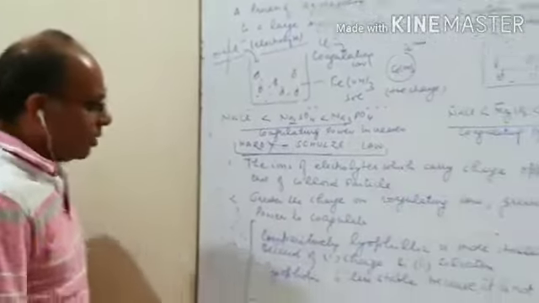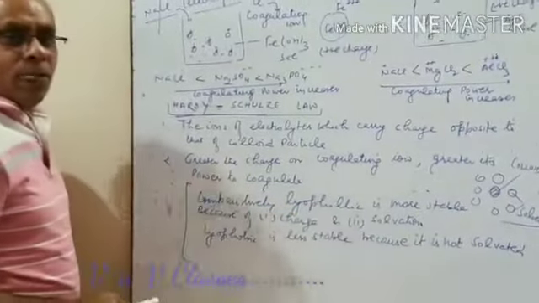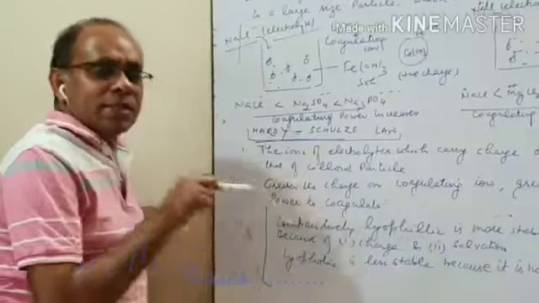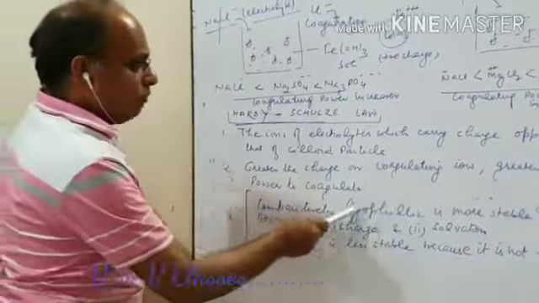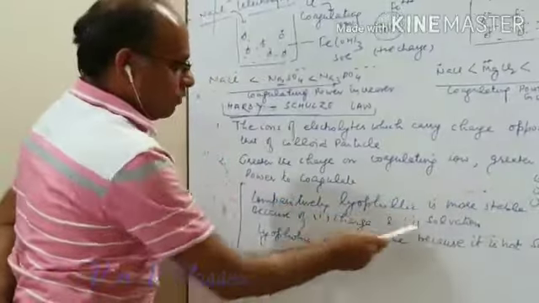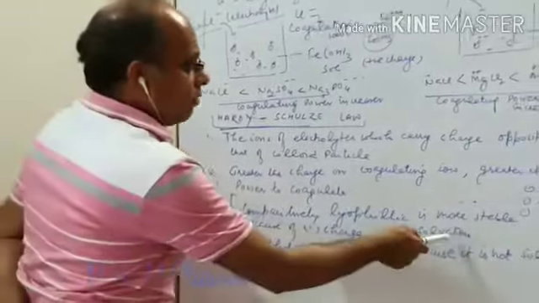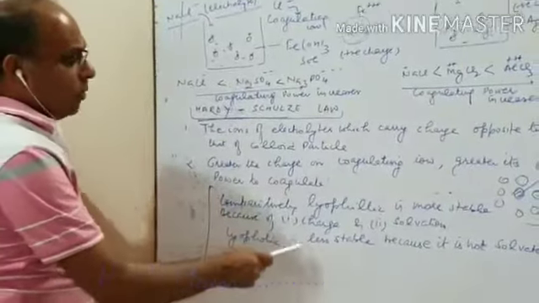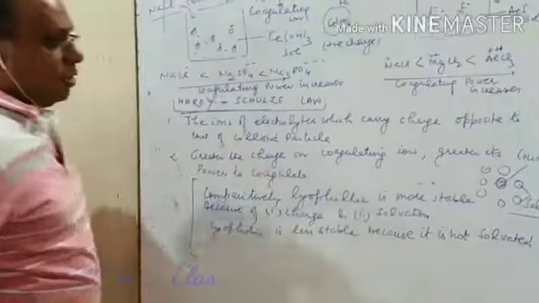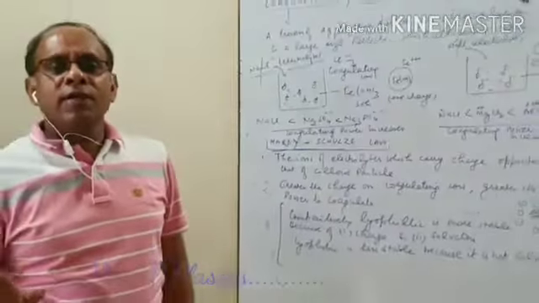So what I mean to say, it is observed that since lyophilic is solvated, it brings its stability as well as charge as usual. So lyophilic sol is more stable because of two reasons. First, as usual charge it has. Second, because of solvation. But lyophobic sol is less stable because it has charge only, it is not solvated.